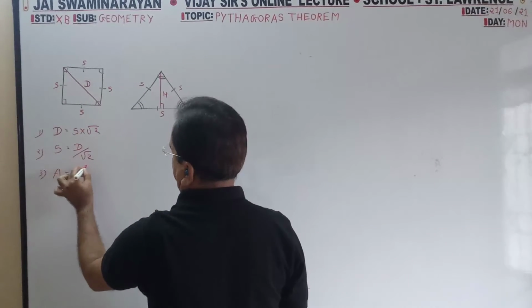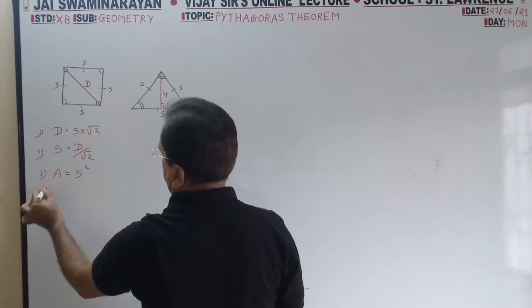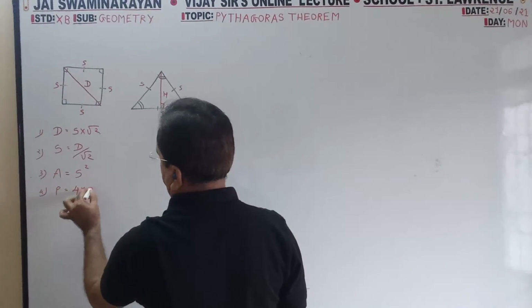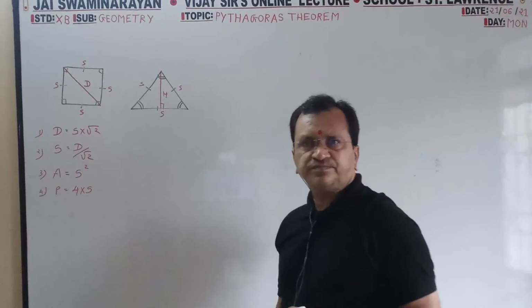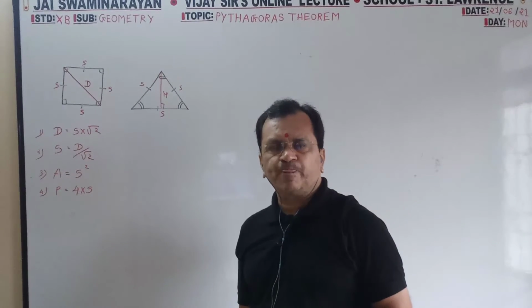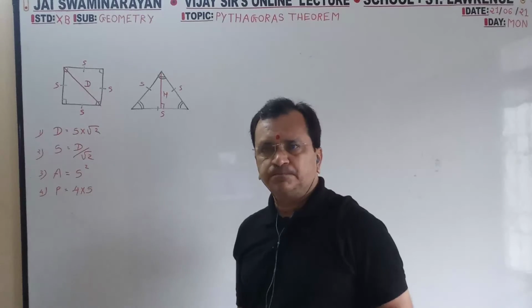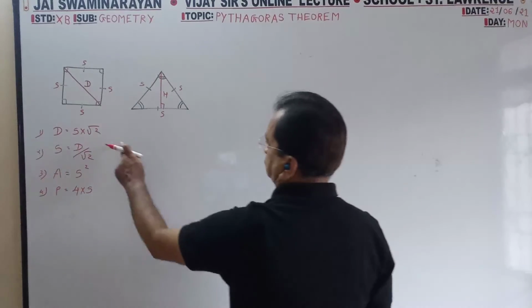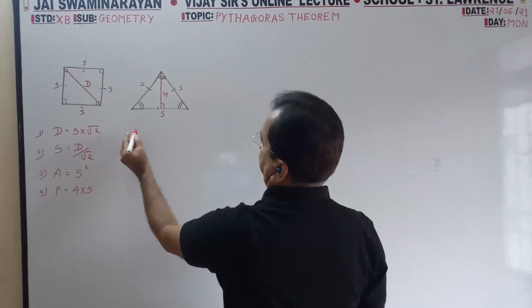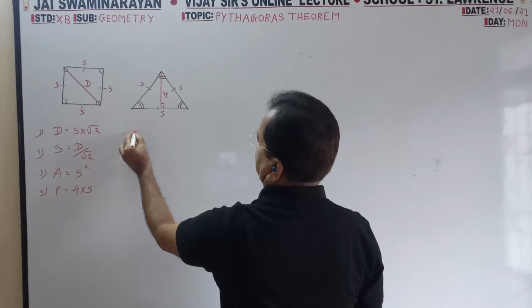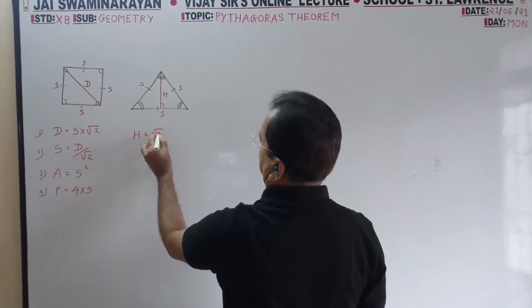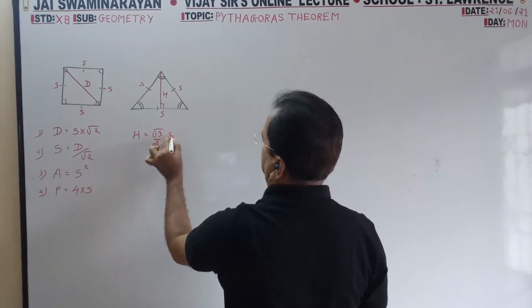Area is equal to side square, that you know. Perimeter is equal to 4 into side. Now for the equilateral triangle, height is always root 3 by 2 into side.